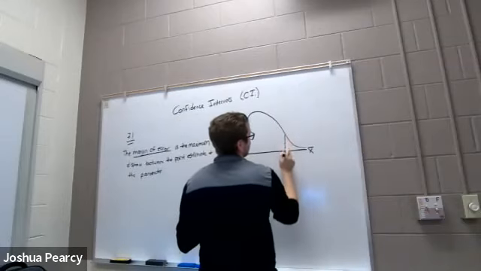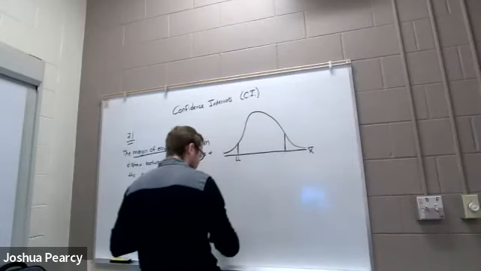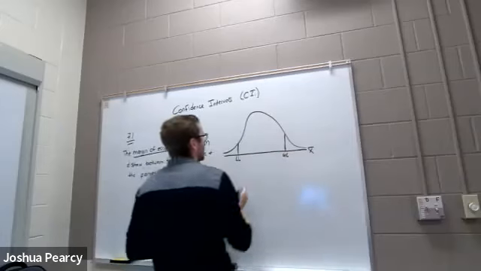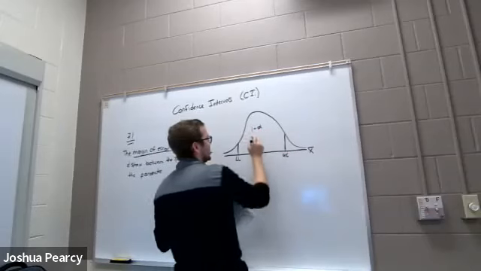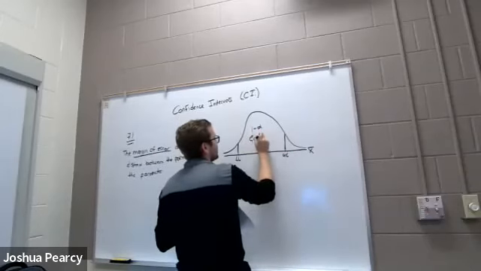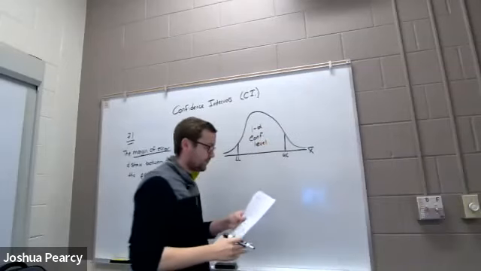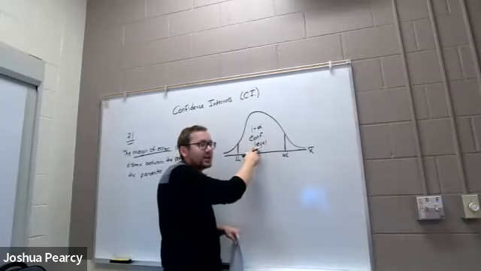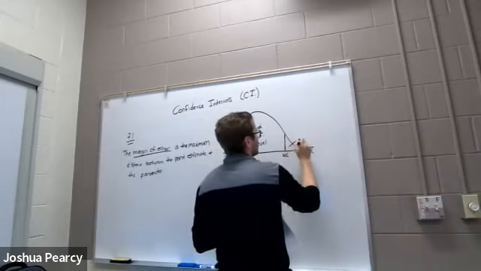And here we have some upper limit of the confidence interval. Why did I say CL? It should be a UL. And the area in between is 1 minus alpha. This will be our confidence level. So if the area in between is 1 minus alpha, then the area in each of these tails is going to be alpha over 2.